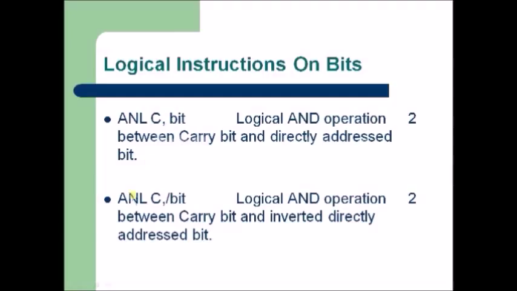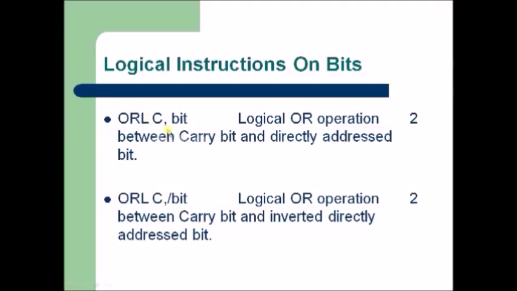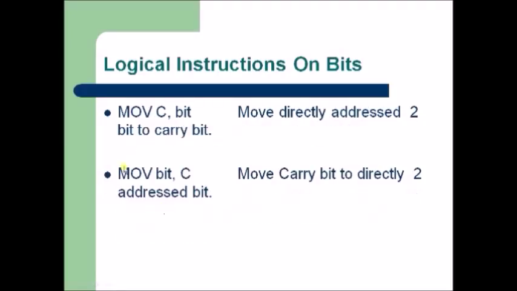Okay, ANL C comma complement of bit performs a logical AND operation between the carry bit and the inverted directly addressed bit. ORL C comma bit performs an OR operation between the specified bit and the carry flag. ORL C comma complement of bit performs an OR operation between the complemented specified bit and the carry flag.